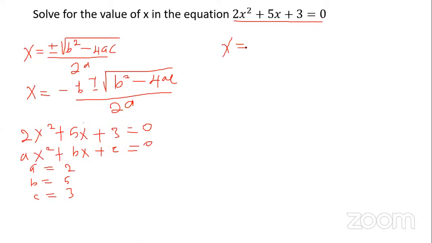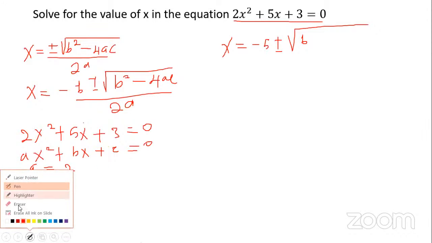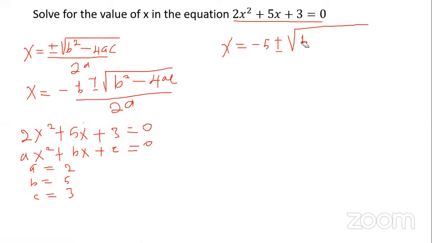x would be negative b. So this would be negative 5 plus or minus root of b squared. What is our b? Our b is 5.